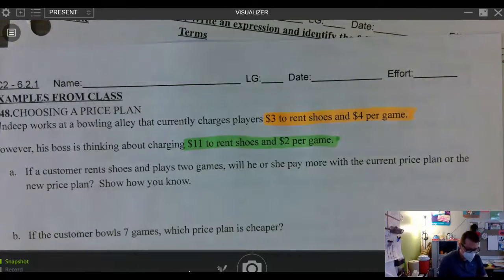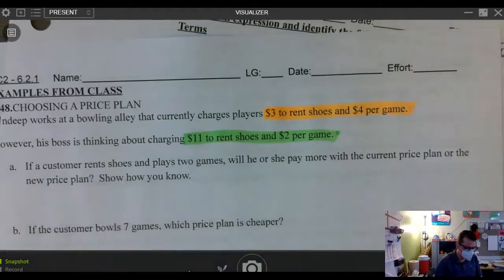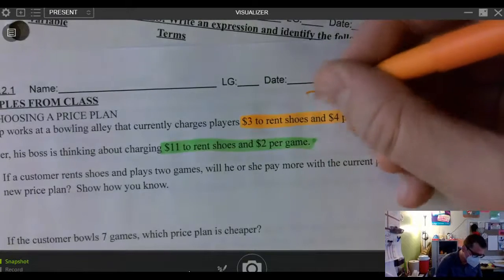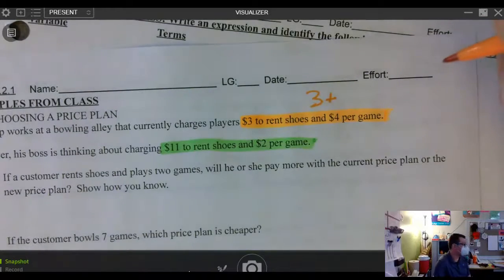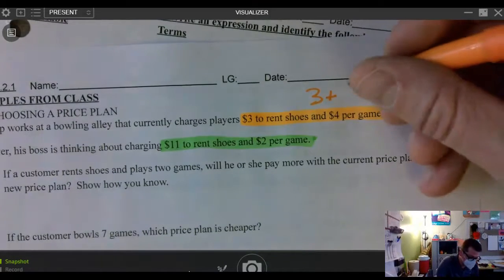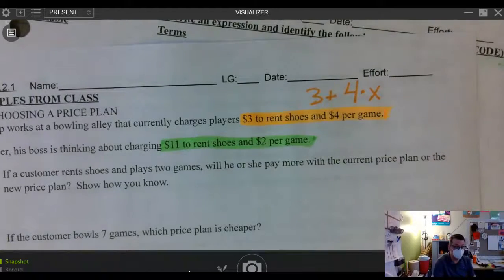So if we go to write this out, guys, I would not write this in part A yet. Over here, we're going to say this is 3 plus 4 times, do we know how many games? No. So 4 times a variable, something we don't know. Try to do that for what I have highlighted in green up here, for what his boss is thinking about charging.